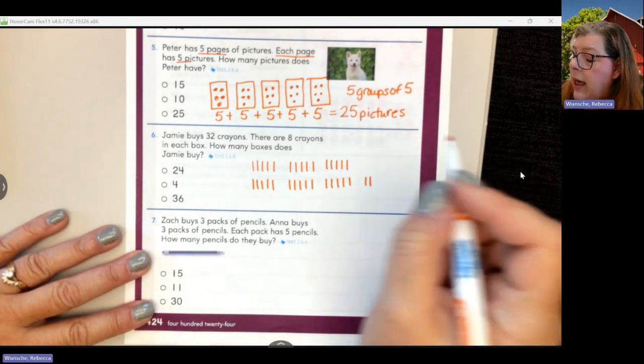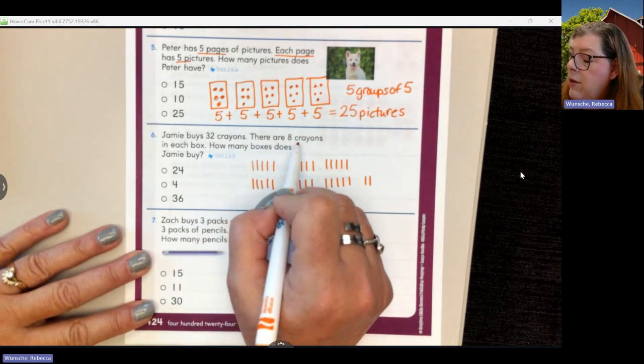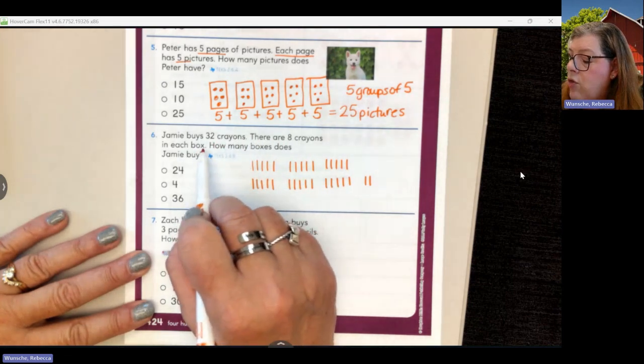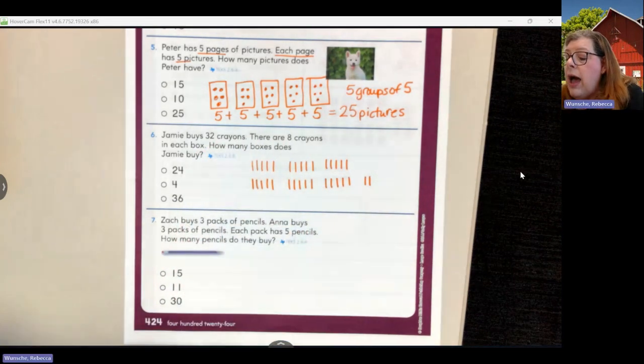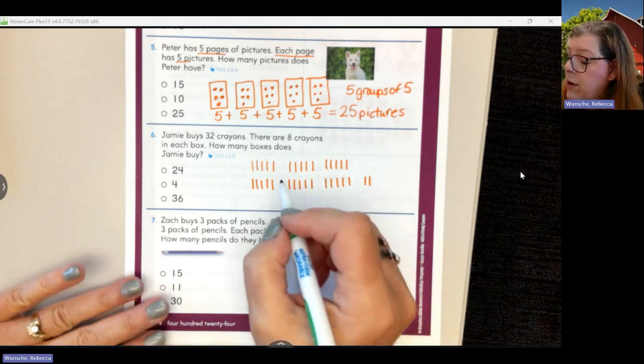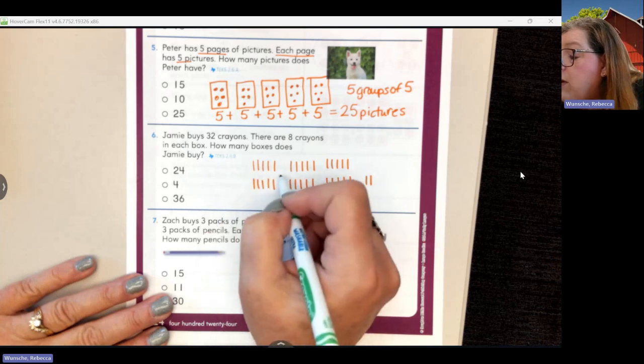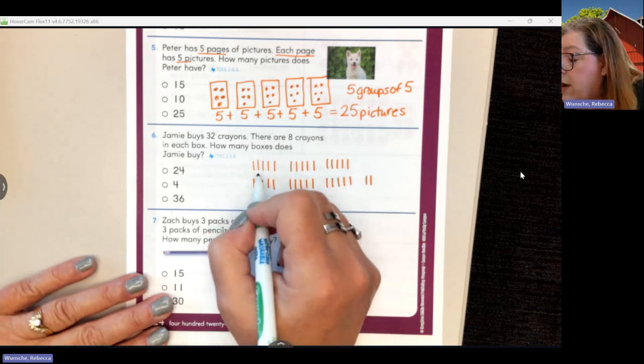All right, it tells me in my story problem then that there are 8 crayons in each box. So I have to go in now and I want to physically put 8 crayons in each box. So I'm going to change my color of my pencil or my marker, and I'm going to make a box around 8 crayons.